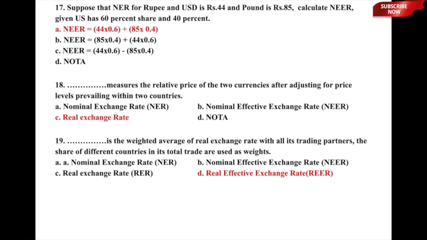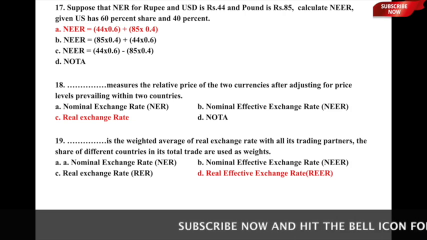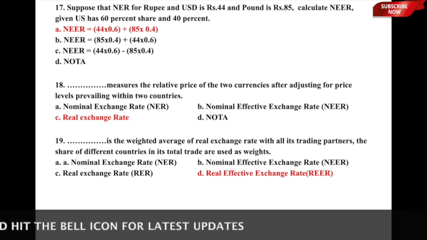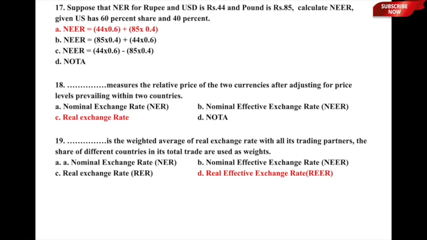Question number 18 is: dash measures the relative prices of two currencies after adjusting for price levels prevailing within two countries, whether it is A, nominal exchange rate, B, nominal effective exchange rate, C, real exchange rate, or D, none of the above.